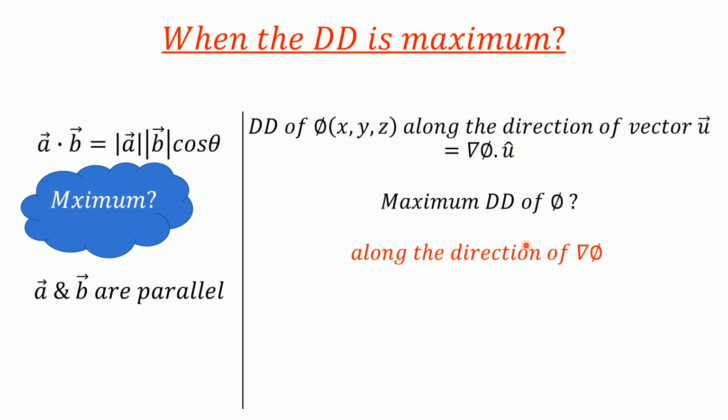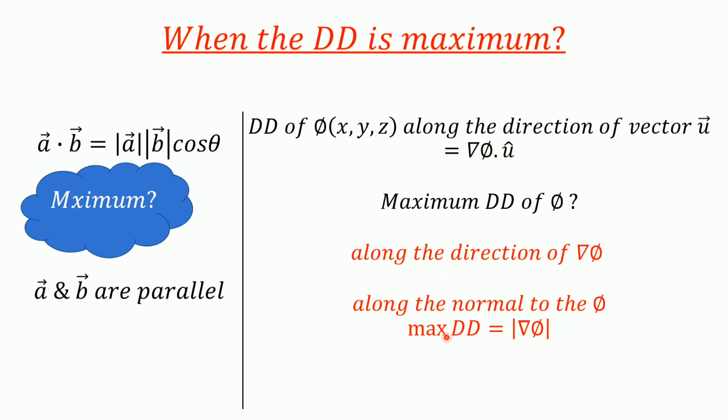So along the direction of vector del phi we get the maximum directional derivative, and the direction of del phi always points normal to the surface phi. The value of the maximum directional derivative is mod of del phi, because here u cap is a unit vector, so its magnitude is 1, and this reduces to the magnitude of del phi only.